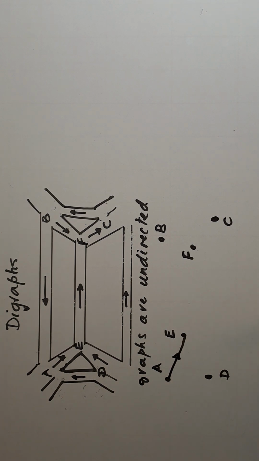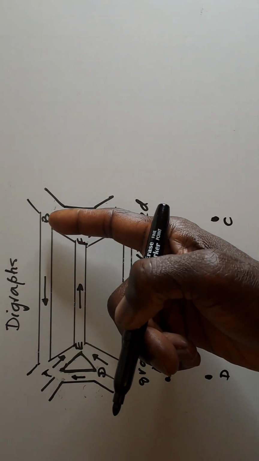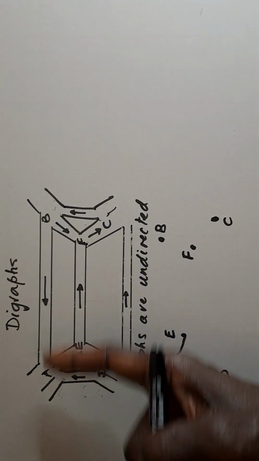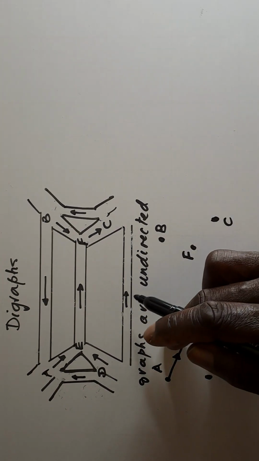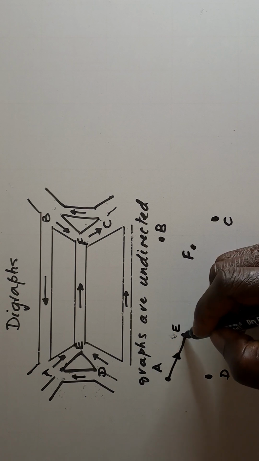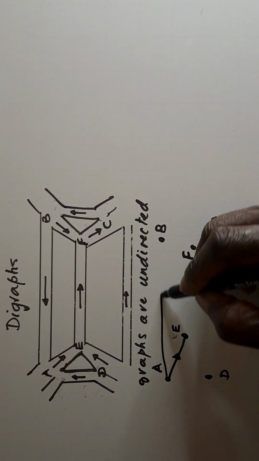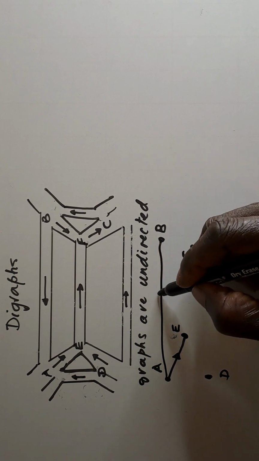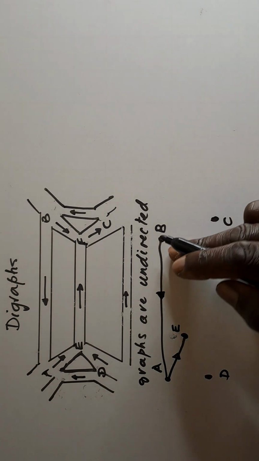If we want to get from B to A, the one-way system only allows us to go from B to A, not A to B. So I have an edge going from B in that direction, B to A, and from E to F, again, going in the opposite direction.